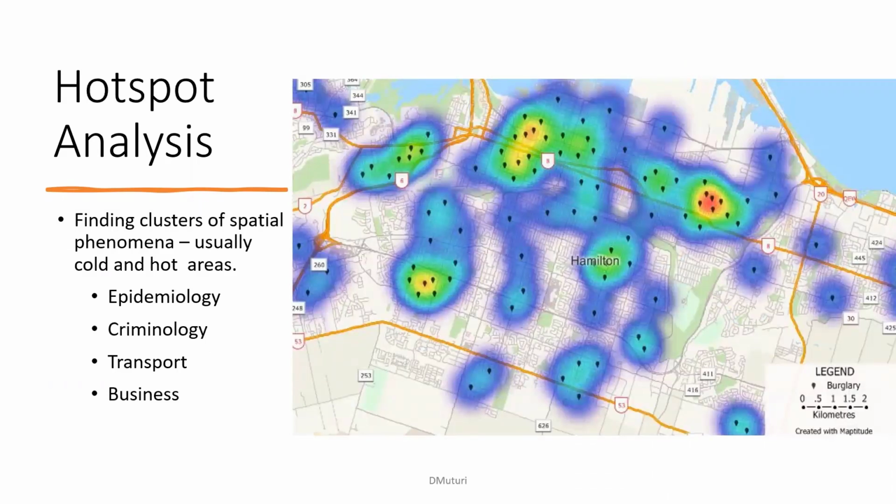Another type of analysis, very useful, is hotspot analysis. The hotspot analysis uses the logic of hot and cold. Basically, this one helps you cluster spatial phenomena. Then you can get an overview of where they are dense and where they are sparse.